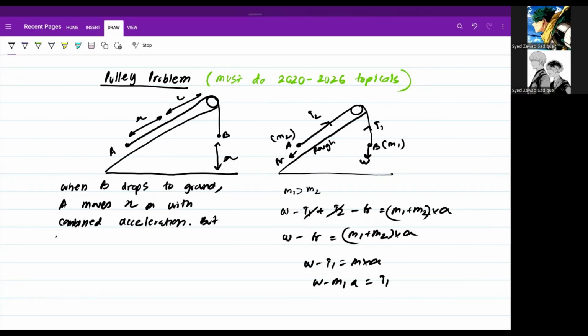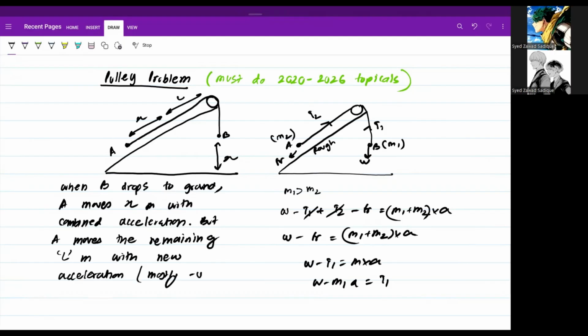But A moves the remaining L meters with new acceleration, mostly negative. The questions usually tell you that you have to find L, or the total distance that is traveled by A. Since the question usually gives you X or it doesn't, you have to either way find out.